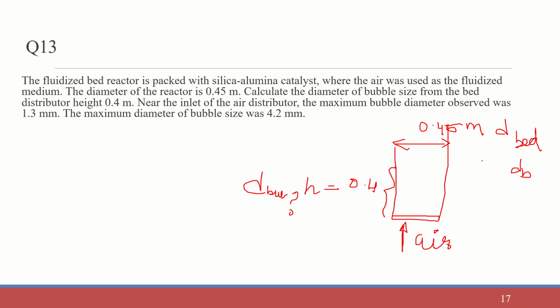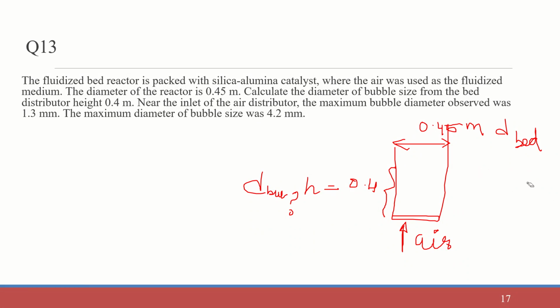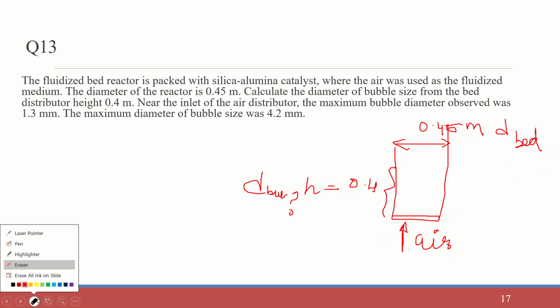This won't be dB... dB is mostly used for bubble diameter. What is the bubble diameter at a height of 0.4 meter? And what else is given?